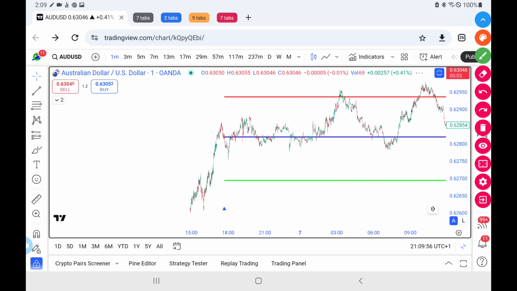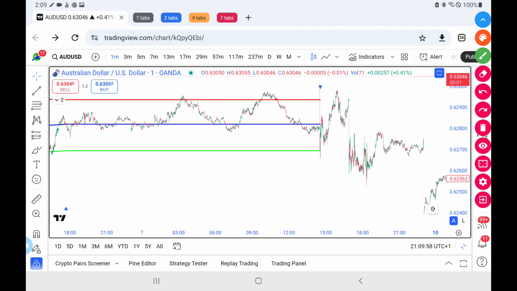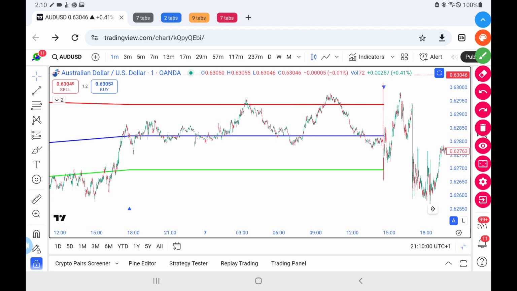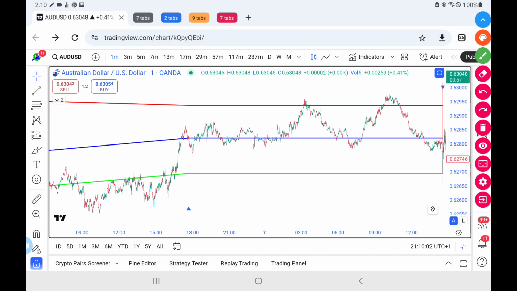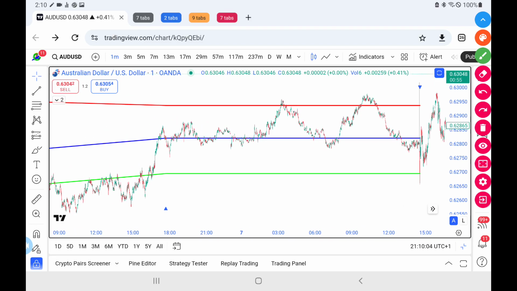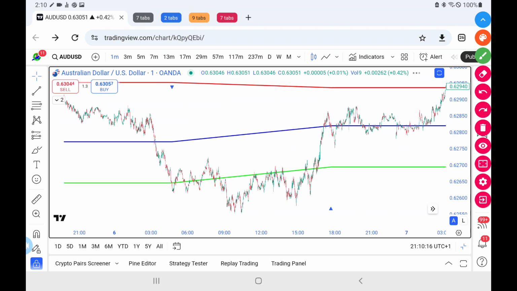We have a position, and it held for a good length of time. Not an overly excessive amount of time, but it's still a consideration that you have to be aware of for market exposure. Let's keep going.